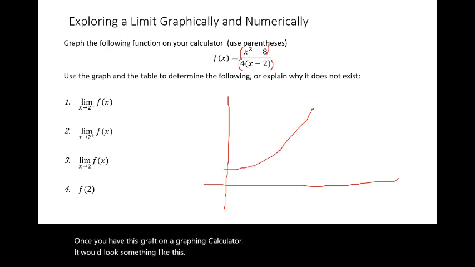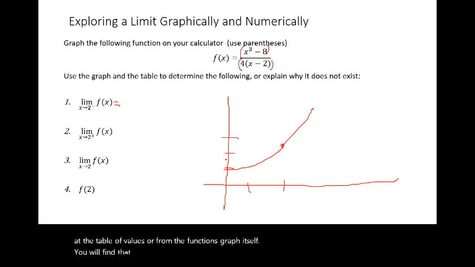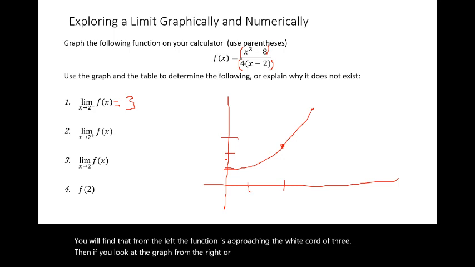So if you are finding the limit as x approaches 2 from the left of f of x, whether you're looking at the table of values or from the function's graph itself, you will find that from the left, the function is approaching the y-coordinate of 3. Then, if you look at the graph from the right or the table from the right, remember, values to the right of 2 are values greater than 2.